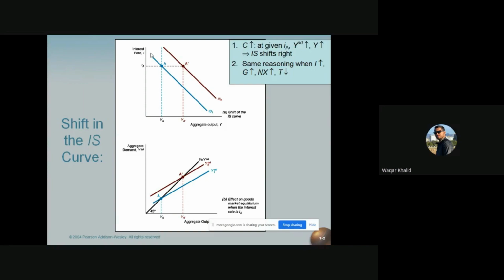A rise in planned investment spending unrelated to the interest rate, for example because companies become more confident about investment profitability after an oil price discovery, shifts the aggregate demand function upward.